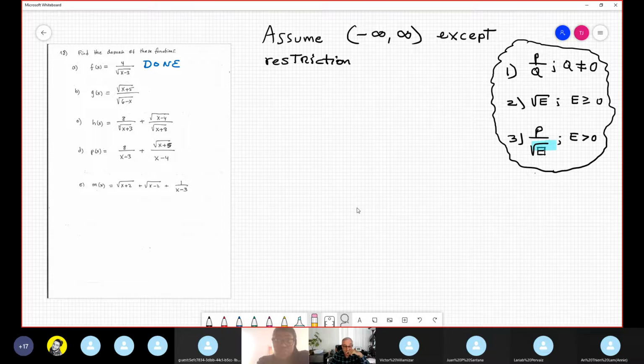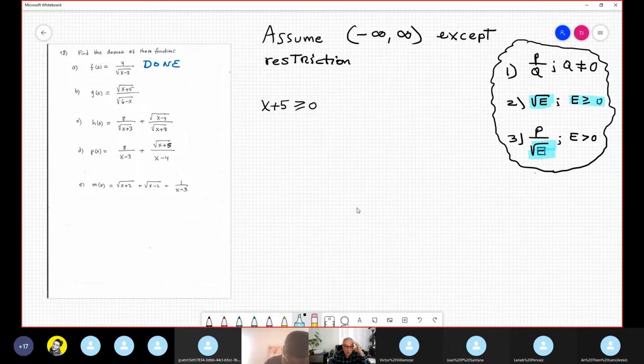Okay, 1 restriction is the radical in the denominator, and another restriction is the radical in the numerator. Exactly. Therefore, the setup for the restriction is x plus 5, the expression inside the radical in the numerator, must be greater than or equal to 0.